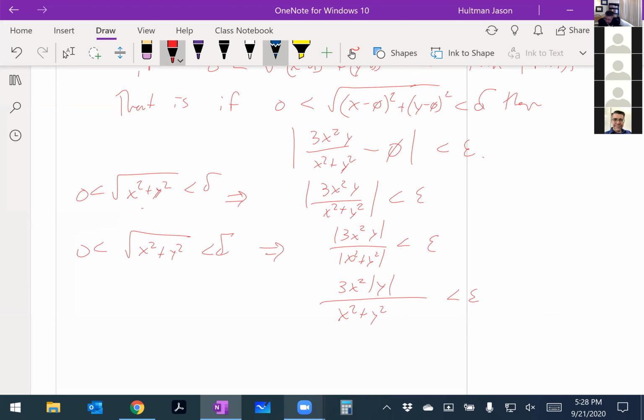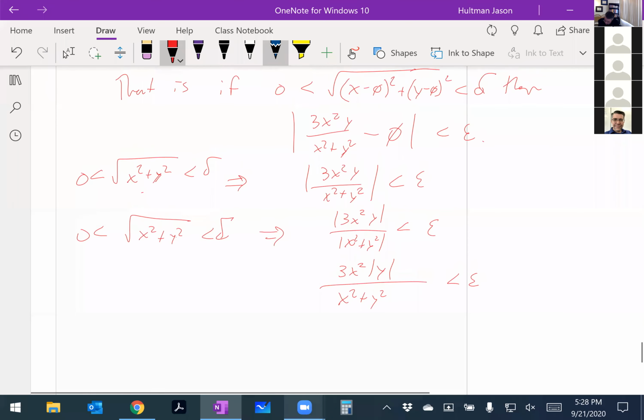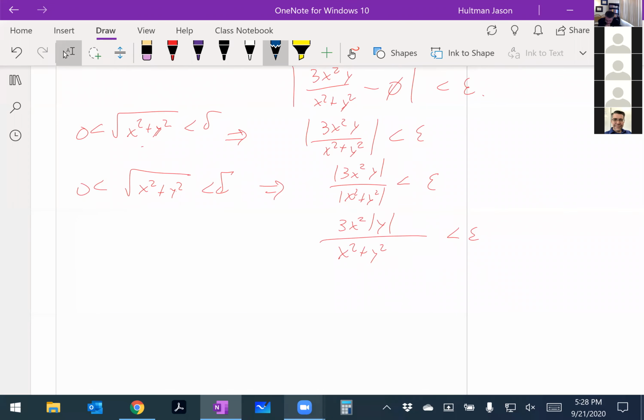Okay, let's get epsilon in terms of delta. How can we get epsilon in terms of delta? That's the idea here. Let's think about this for a second. We're going to do something kind of sneaky here.